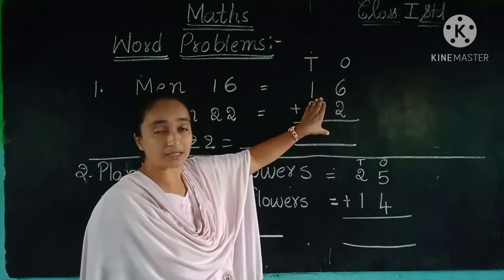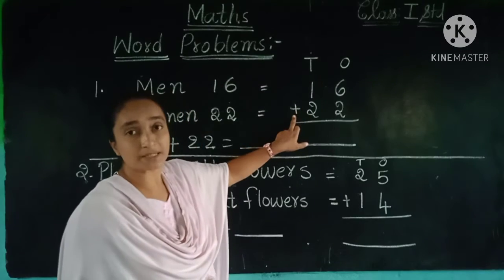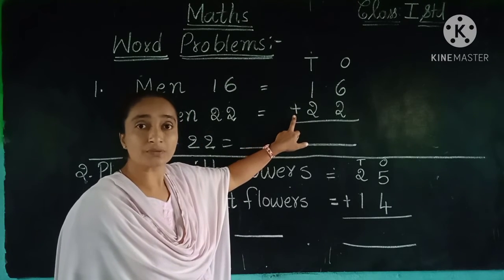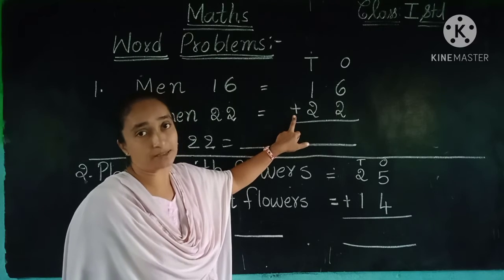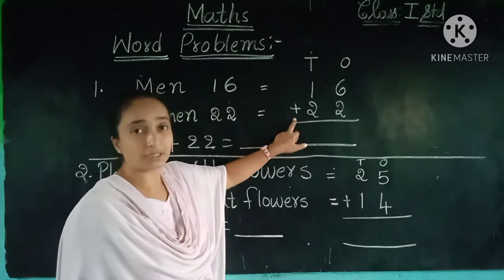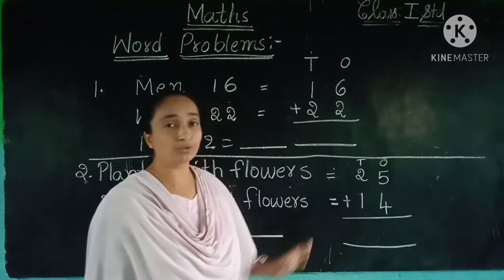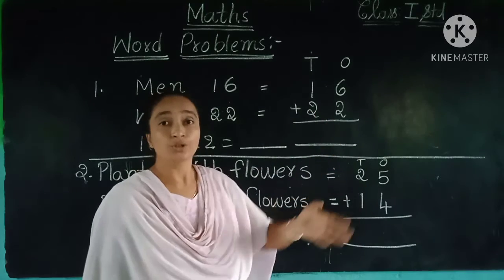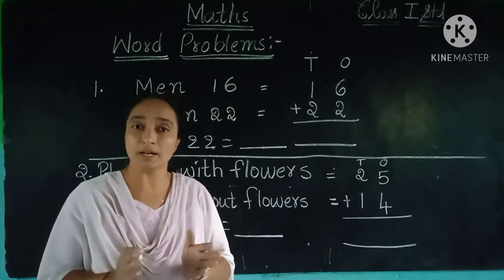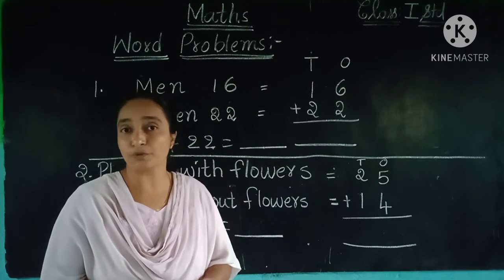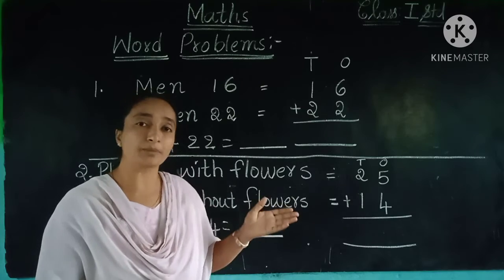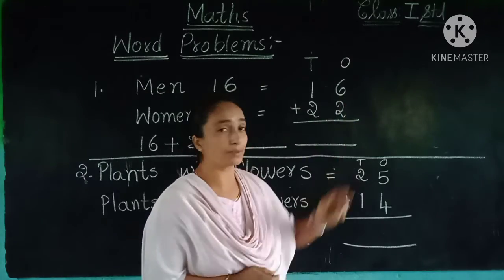Before we start the calculation, we have to keep a plus symbol, because we are doing the addition. So here we can do the calculation. How? Let us begin from the ones place. This is the first step we have learned already. 6 plus 2.